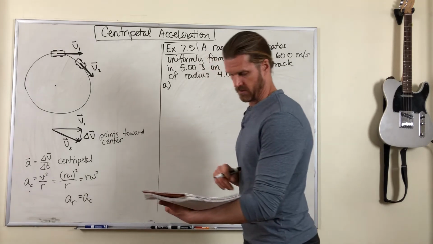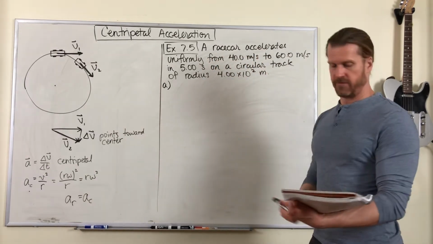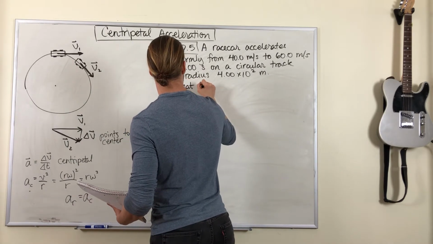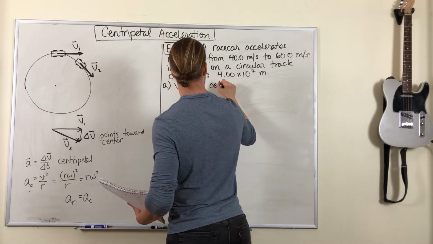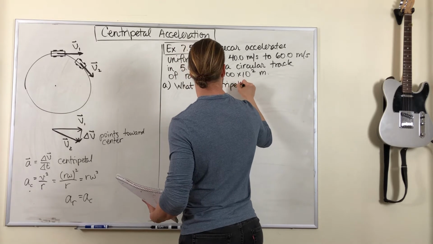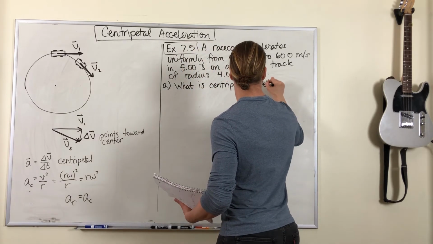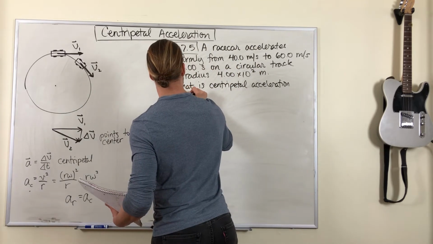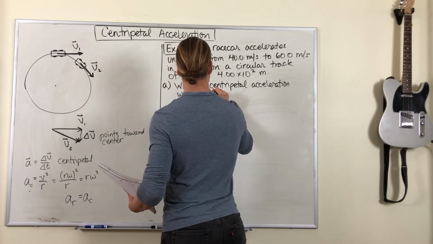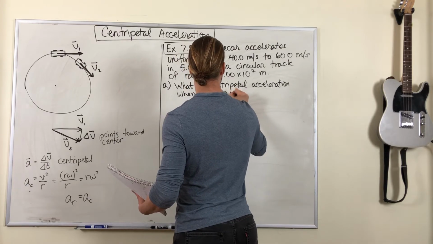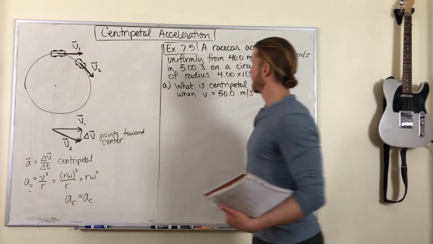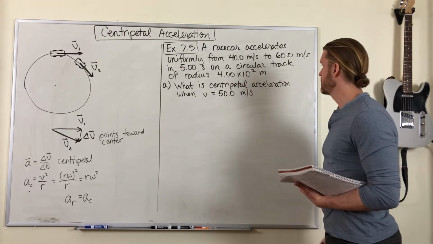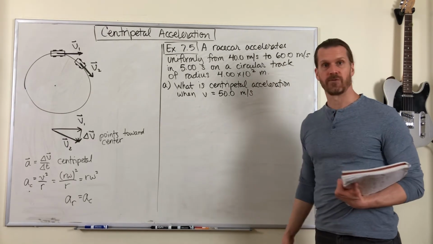Part A. What is the centripetal acceleration when the car reaches a speed of 50 meters per second? So when the car is kind of halfway through this acceleration process, what's the centripetal acceleration?